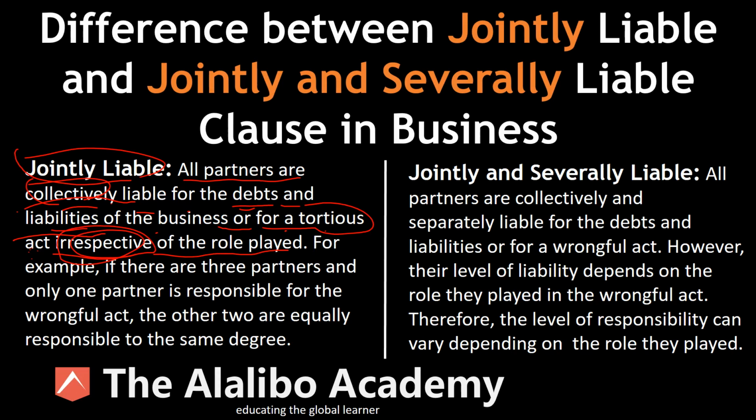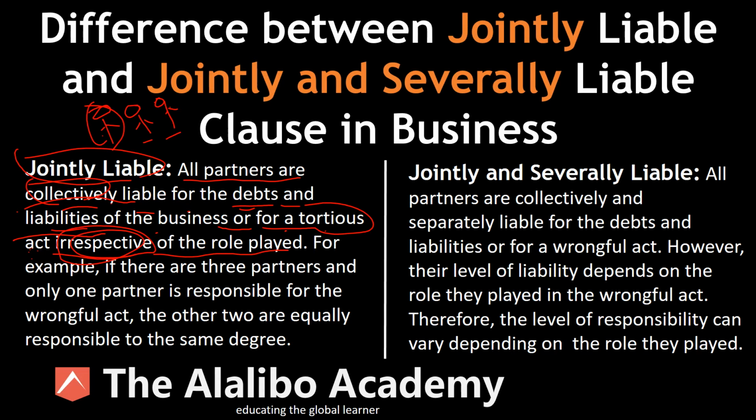So here, it doesn't matter your contribution to that wrongful act. It doesn't matter, even if you weren't part of contributing to the wrongful act, you are responsible equally. So let's assume here there are three partners in the business and only one partner committed the wrongful act. These two partners are equally responsible, right?